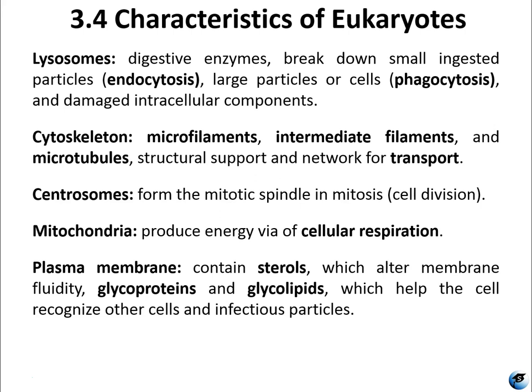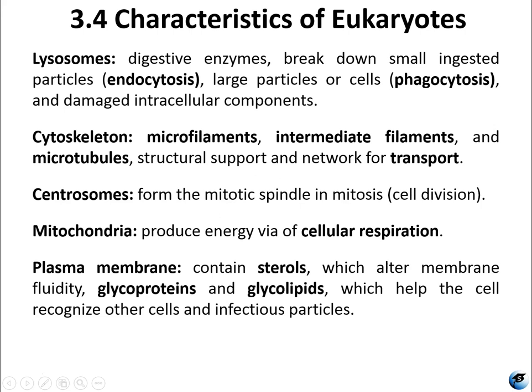The cytoskeleton is made of microfilaments and microtubules that provide structural support and can also serve as a network of transport, especially if you have microtubules that make up flagella or cilia, right? Centrosomes are central to mitosis, okay?